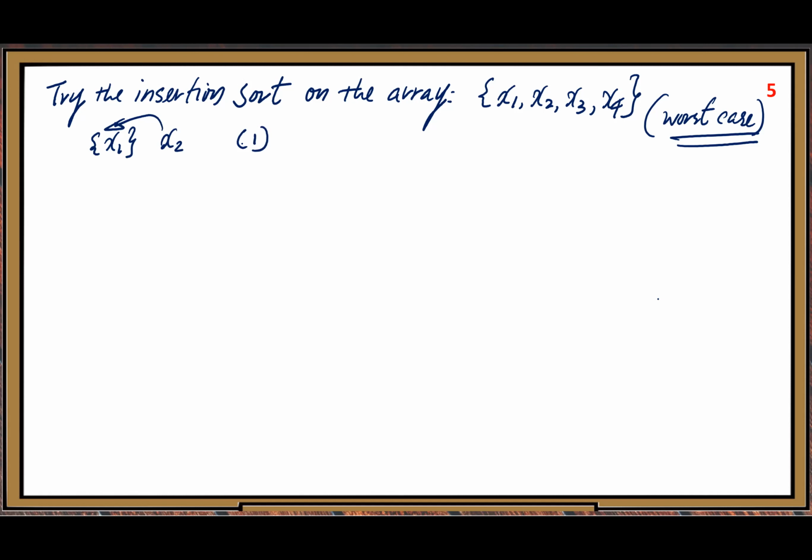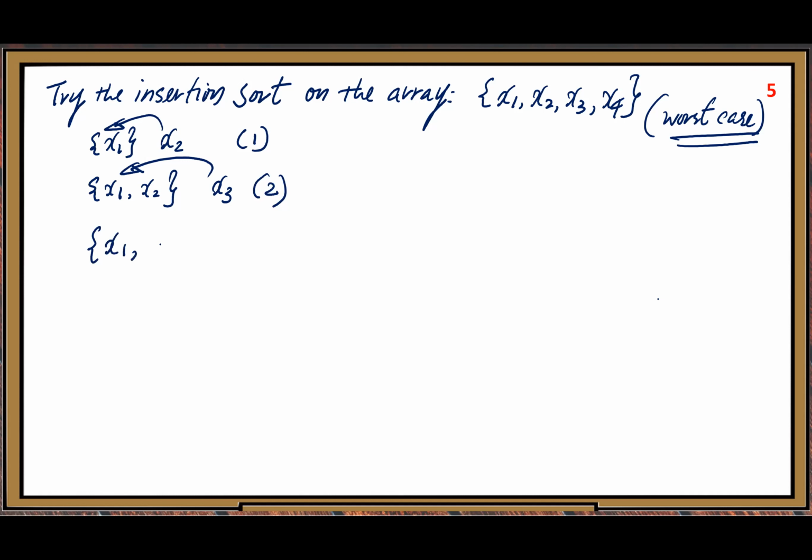After that, you have x1, x2 sorted, but you need to insert x3 into the sorted array. For the worst case, how many more comparisons do you need? You compare x3 with x2 and then with x1, so you need 2 comparisons.